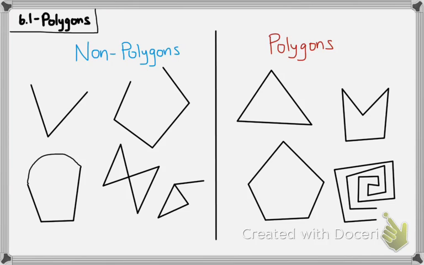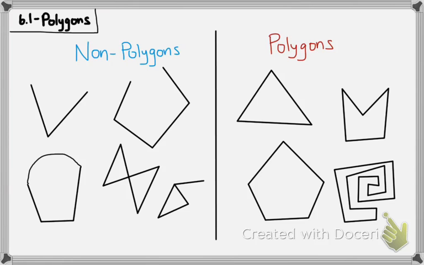Is this a polygon? Yes, it is. You can see that it's closed the whole way around. It never intersects over itself. Doesn't have any rounded edges, so it's a goofy polygon, but it is a polygon.